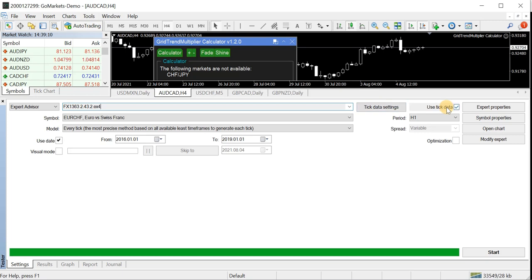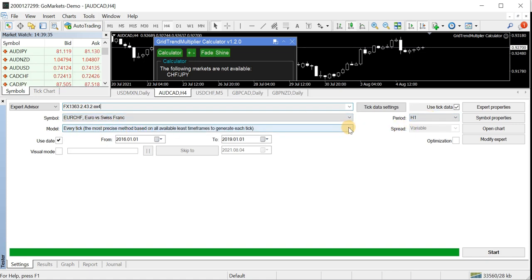The reason they're there is I've got a monthly subscription to a third-party suite called the Tick Data Suite. It basically gives me clean, accurate data to make my testing a lot better, and I'll show you what that means in a minute. I just ran it on this pair here, the Euro Swiss franc, 1 hour period.